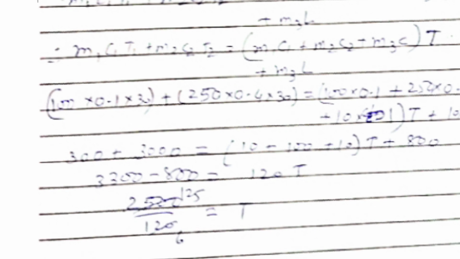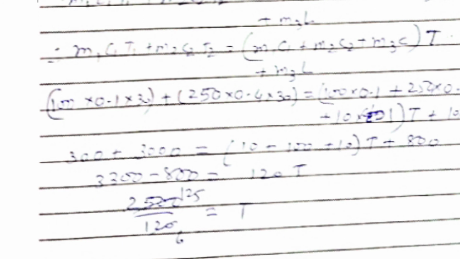So substitute the values. You have 100 grams multiplied by 0.1 multiplied by 30 plus 250 multiplied by 0.4 multiplied by 30, right?